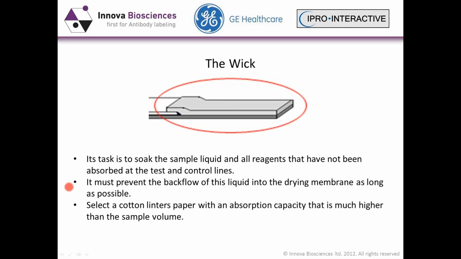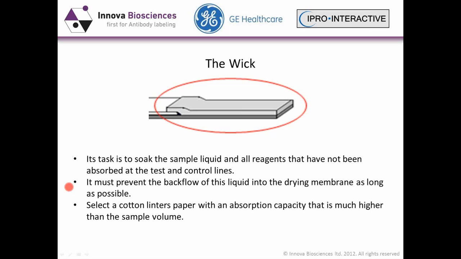Any liquid that flows back from the wick onto the dry membrane will contain unbound conjugate particles. And these conjugate particles will then settle somewhere on the membrane, and they have a tendency to bind very well to formally negative test lines in sandwich assays, making them seemingly positive. And that means that you have to define a readout time window for your rapid test.